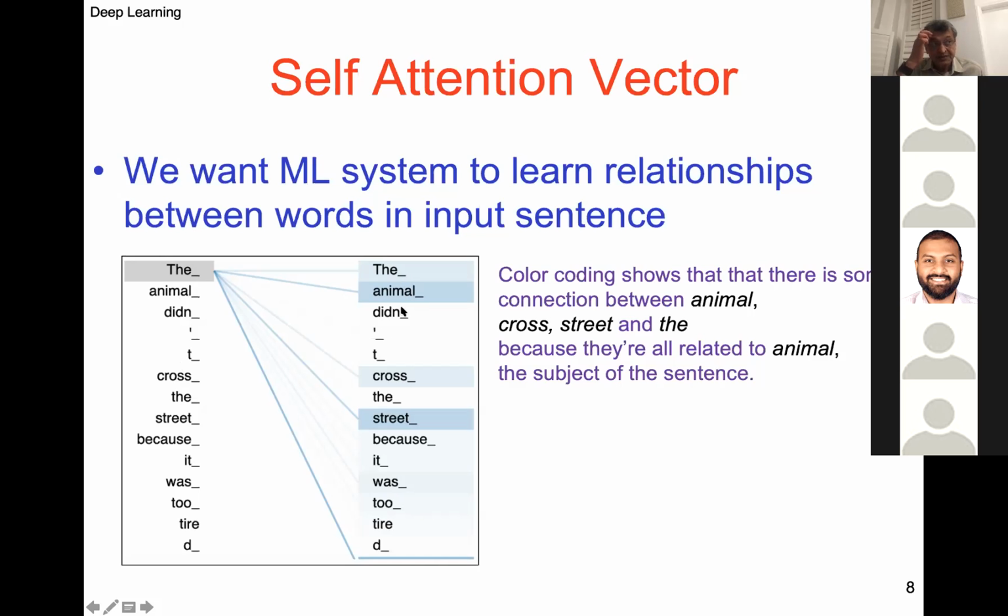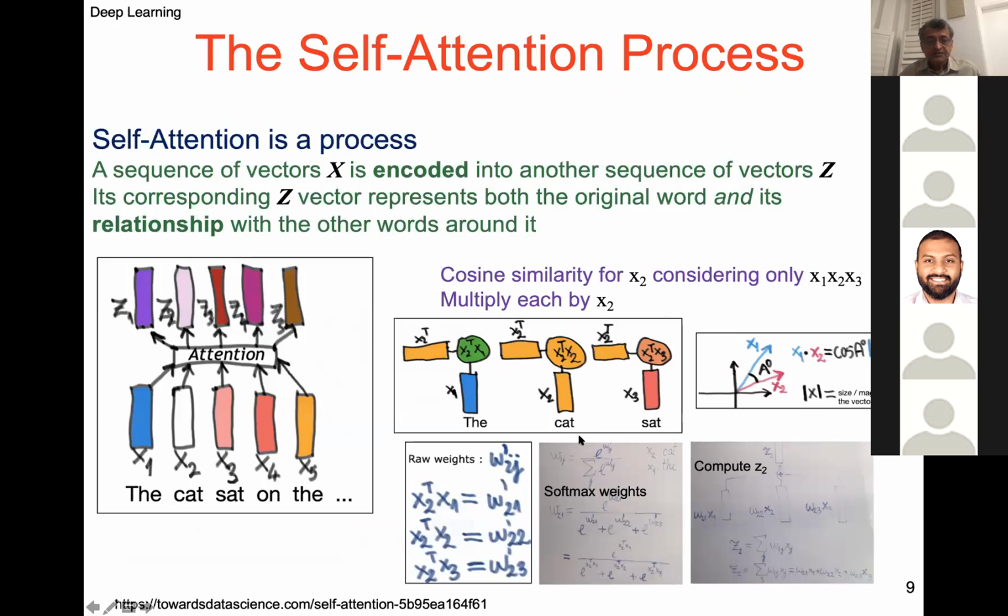For each word, there would be a different attention vector. Color coding shows that there is some connection between animal, cross, street, and the, because they're all related to animal, the subject of the sentence. So these are all related concepts here, and this is what has to be learned here. So how does one compute the importance of words to each other? It is not that complicated, interestingly, the self-attention process.